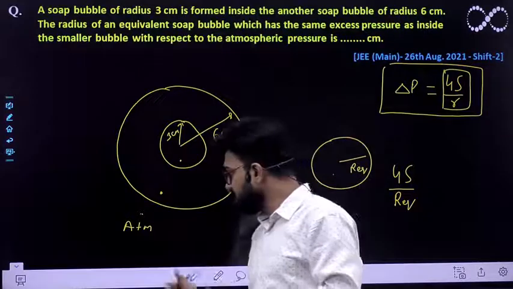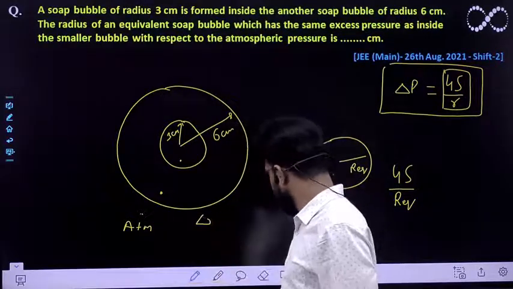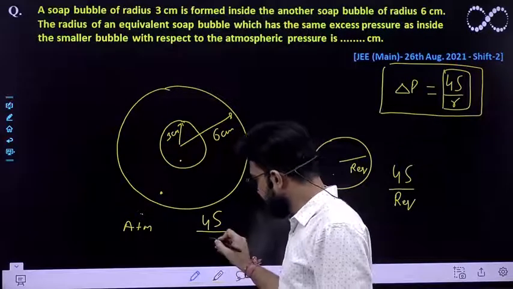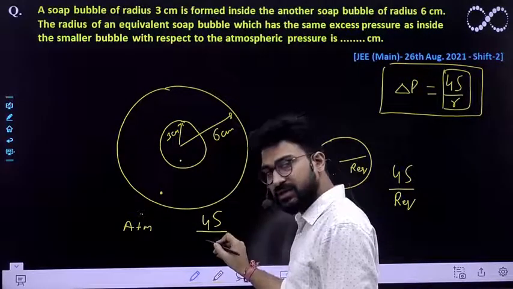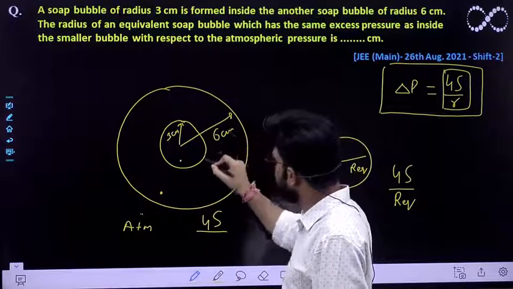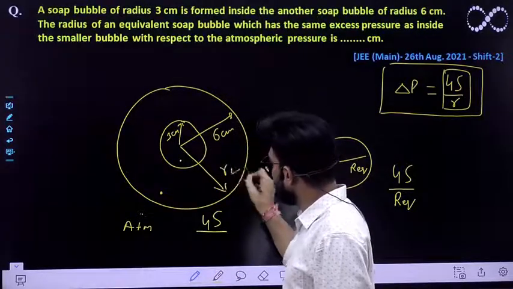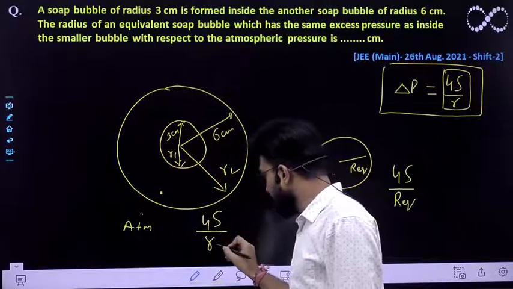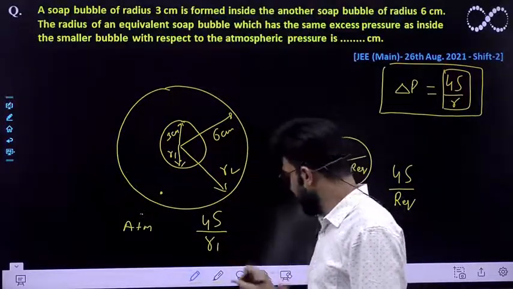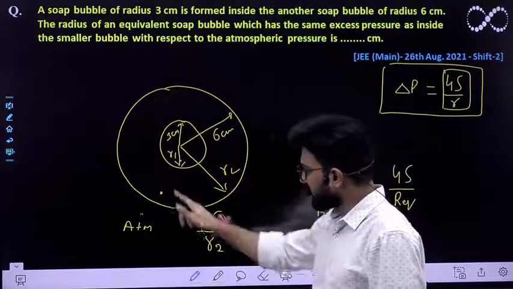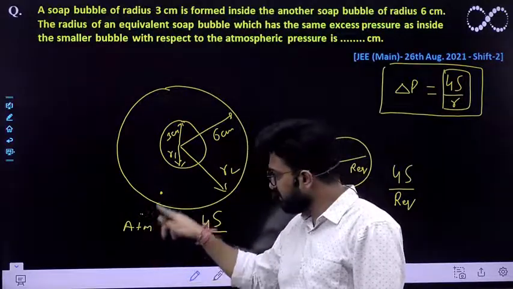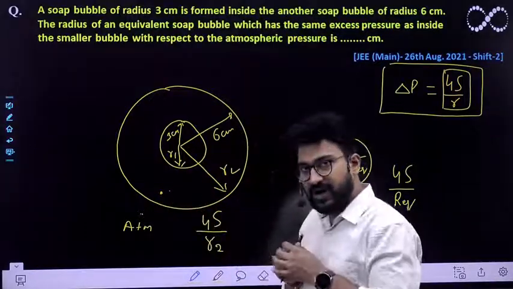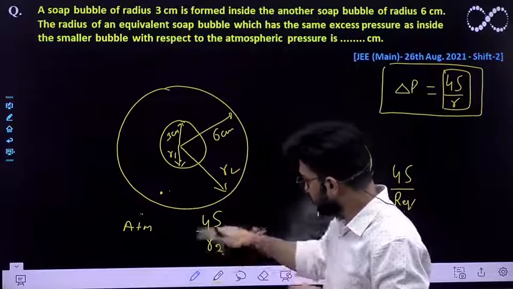It would be equivalent to 4S by R, and the radius over here is 6 centimeter. Let this radius be R2, and let the smaller radius be R1. So it would be 4S by R1, 4S by R2. This is the excess pressure with respect to atmosphere inside the bigger bubble whose radius is R2, which is 6 centimeter.